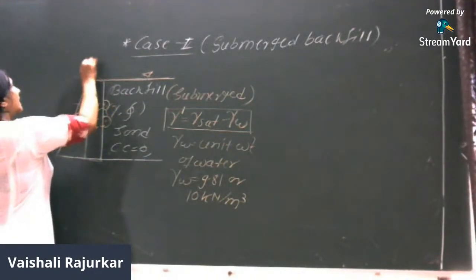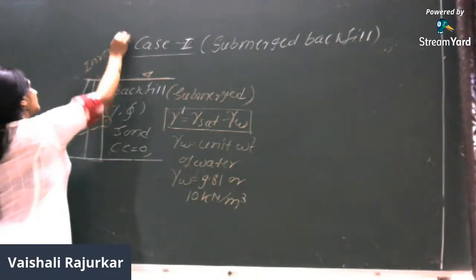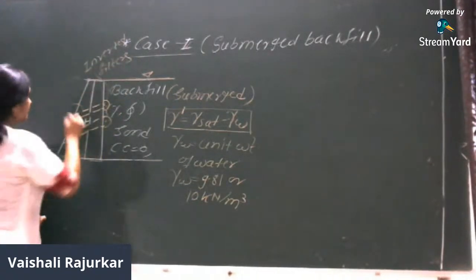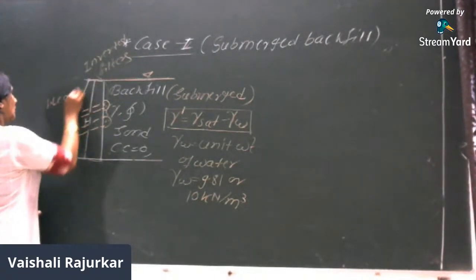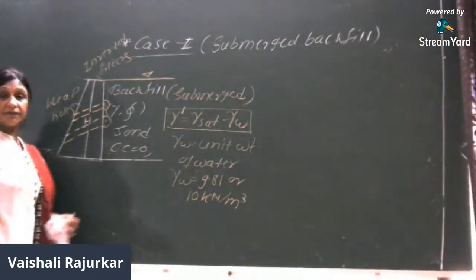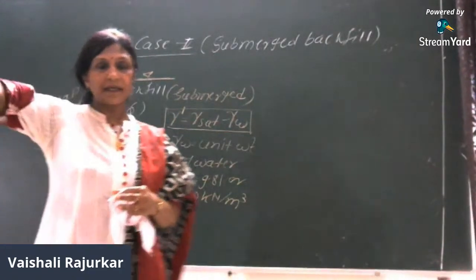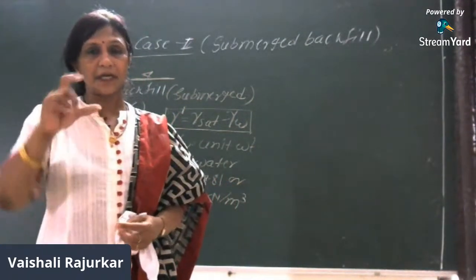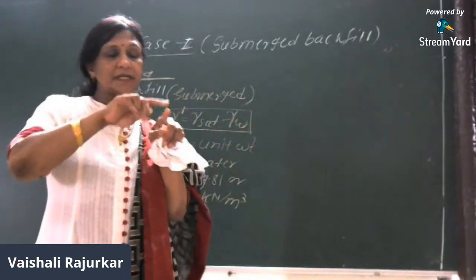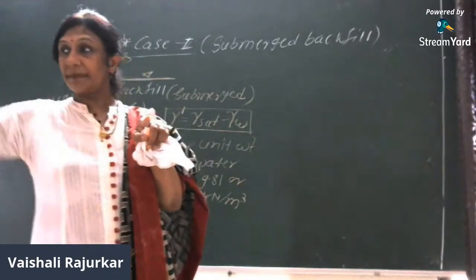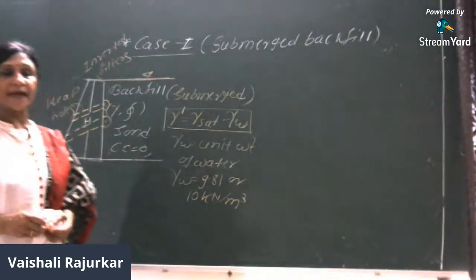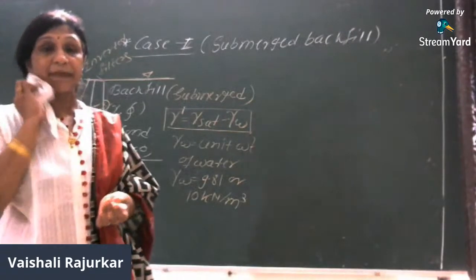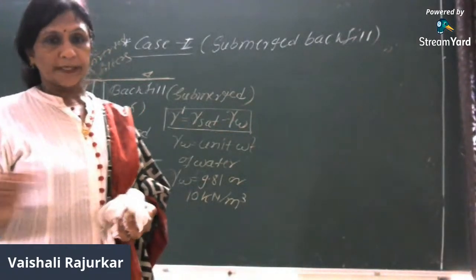These weep holes are generally provided across the retaining wall in a staggered manner, where the center to center distance between the weep holes is 1 to 1.5 meter, one here, another one here, a third one here, like this, depending upon the condition of the soil.